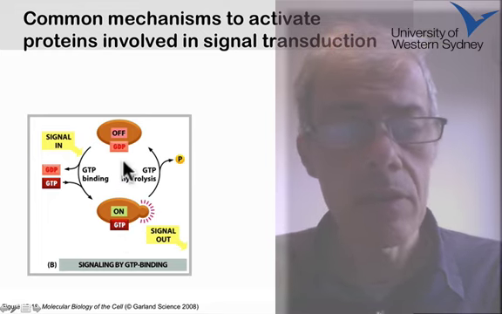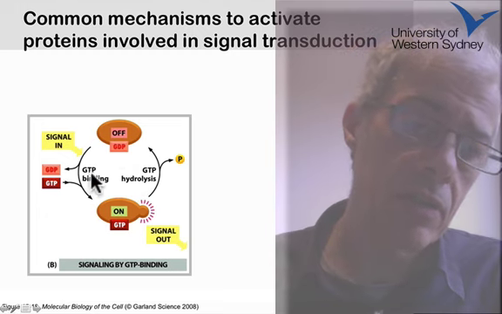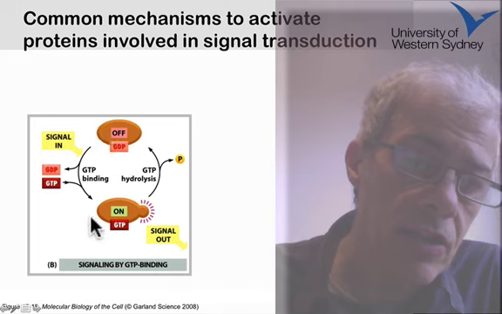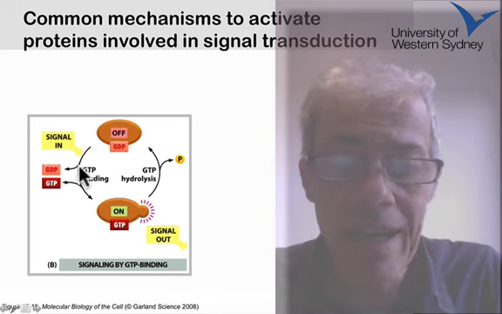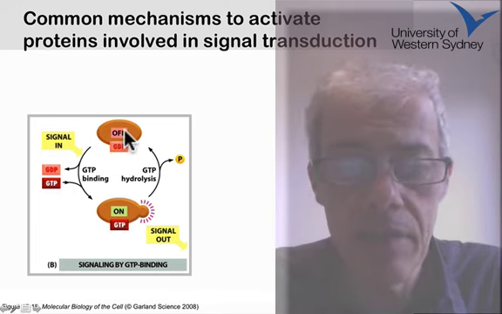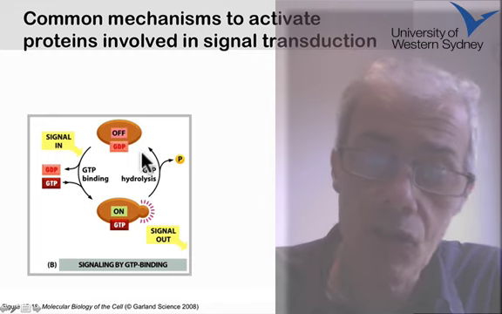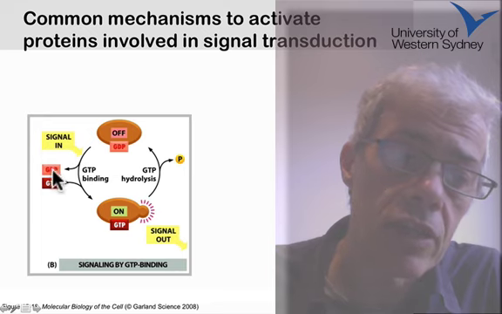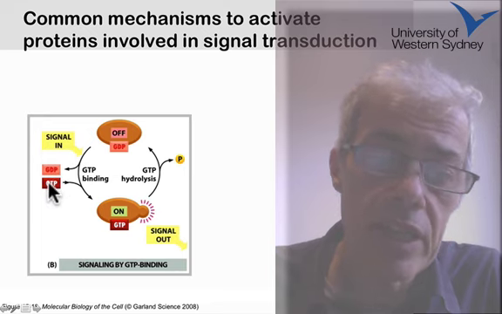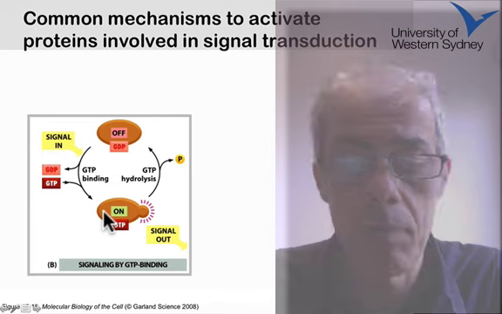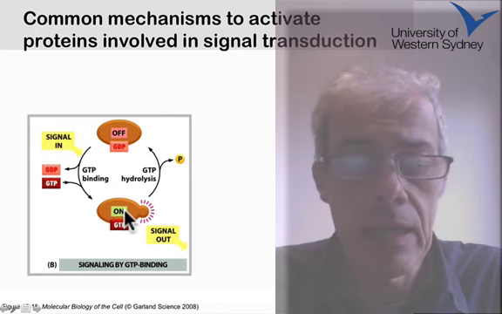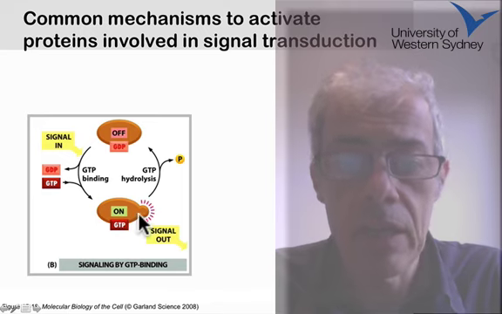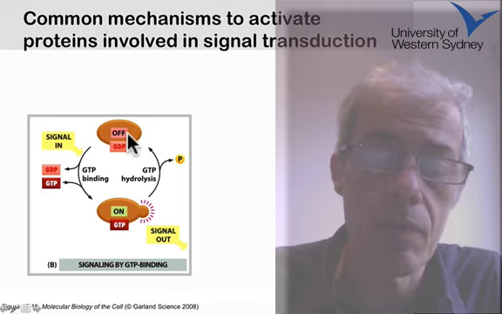Okay? Now, an important part of this cycle of activation and inactivation is that activation occurs through nucleotide exchange and inactivation occurs through nucleotide hydrolysis. So activation occurs through exchanging a GDP for a GTP to give an active bound protein, and hydrolysis of this GTP leads to inactivation of the protein.